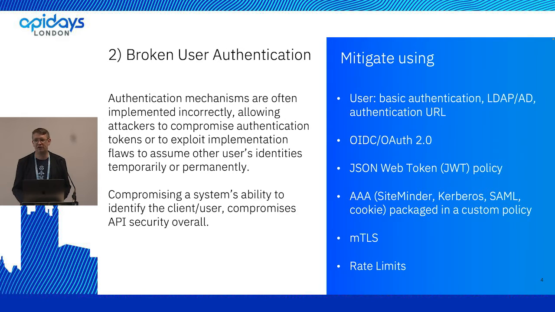So the best practice here is to make use of existing authentication standards so that you're following something well-known and well-understood, using things that can be validated and existing libraries and tools to test and work with. But if you're building your own, you're out there on your own, you've got all of that to figure out for yourself and secure. So if this is broken, then you could end up with the ability to compromise the system or take over someone's account.